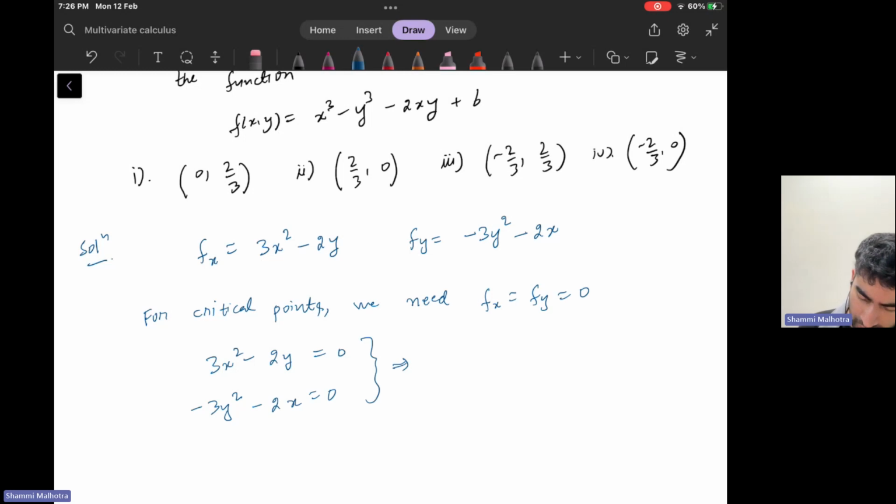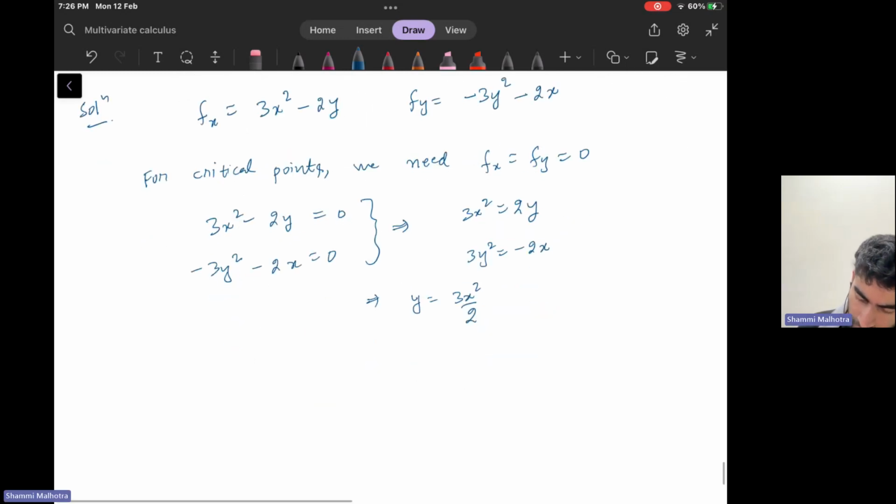This implies that 3x square equal to 2y and 3y square equal to minus 2x. So we have y is equal to 3x square by 2. From the first equation, let's plug in the value of y in the second equation. So minus 2x equal to 3 times (3/2 x square) whole square.